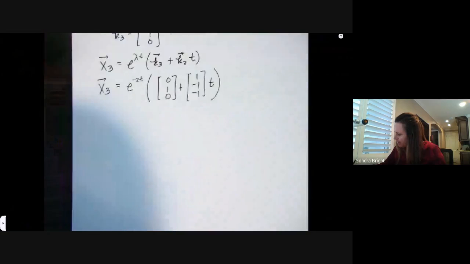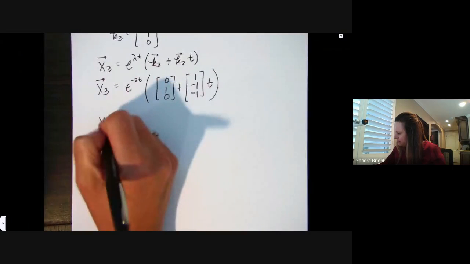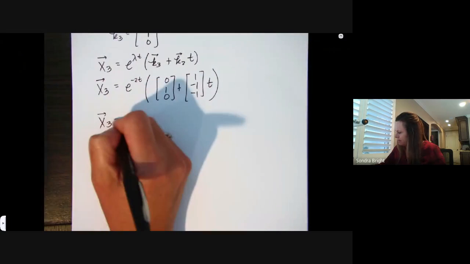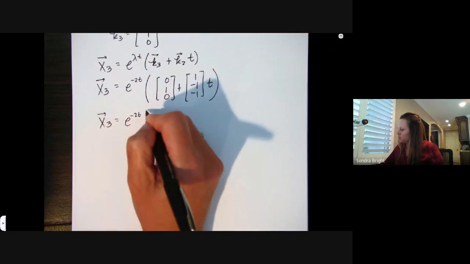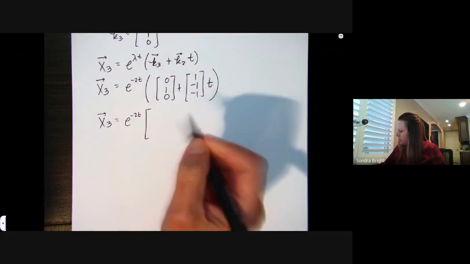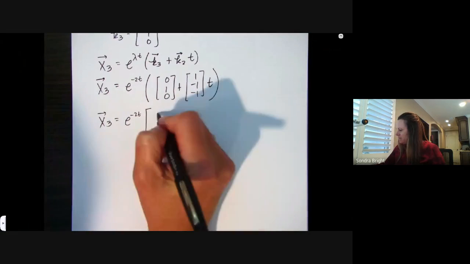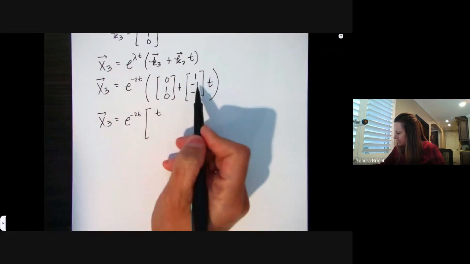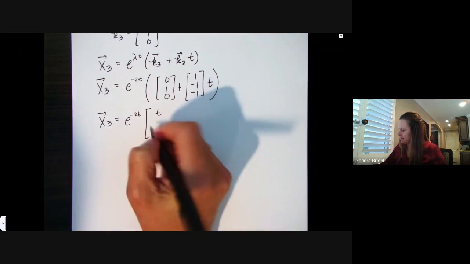I'll just simplify it: x3 is equal to e to the -2t times 0 plus 1t, that's t, 1 plus -1 times t, so 1 minus t, 0 plus -t.